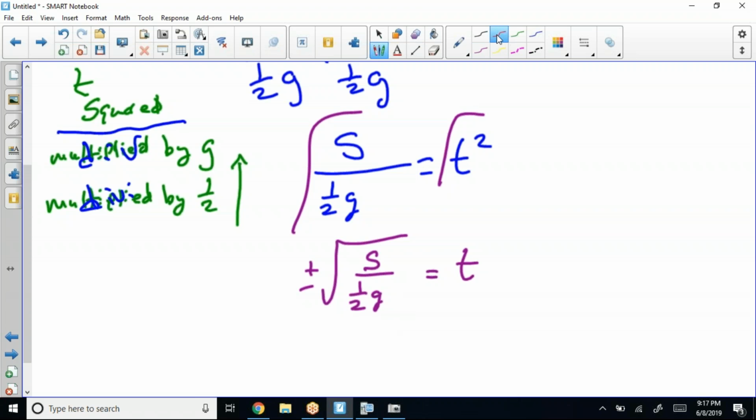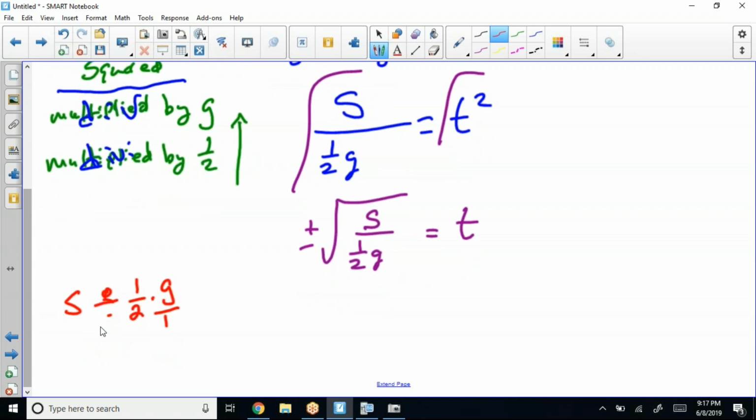I've got s divided by 1/2 times g over 1, right? So keep, change, flip. We keep, change, and then 2 over 1 flips. So 2 over 1 times 1 over g. So that's really 2s over g.